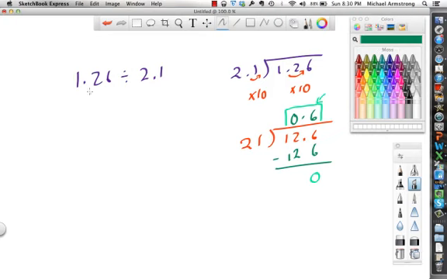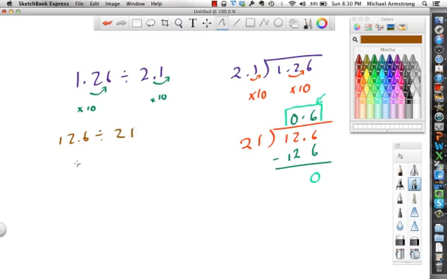Okay, so the same thing over here. We're just going to move it one place. We could move it 2, but then we'd add another 0, and instead of this being 21, it would be 210. So we're still just going to multiply by 10, giving 12.6 divided by 21.